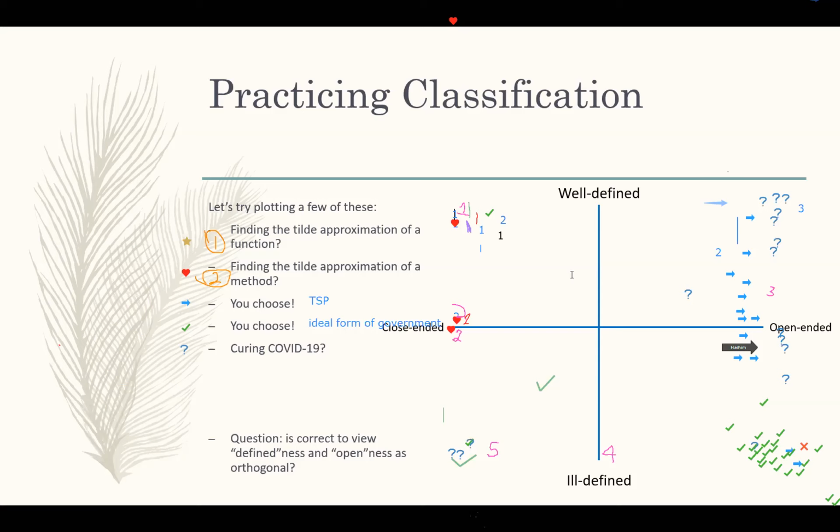Because there's maybe a million different ways. I mean, we can create a vaccine. We can just quarantine everybody and lock down the whole world. And then in terms of well-definedness, I would say it's more ill-defined than well-defined because I don't really know what a cure is. Does that mean that nobody gets sick, or does it mean the virus goes away? So I would say it's definitely going to be super open-ended, and then either in the middle or toward the bottom of the ill-defined axis.